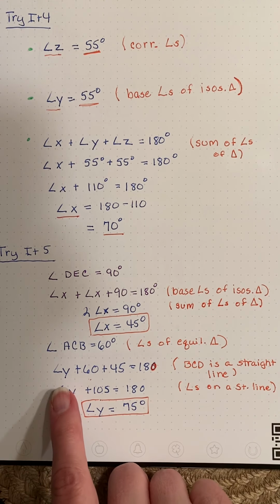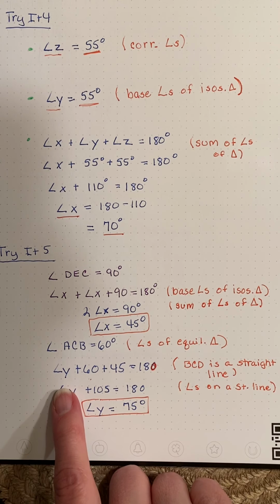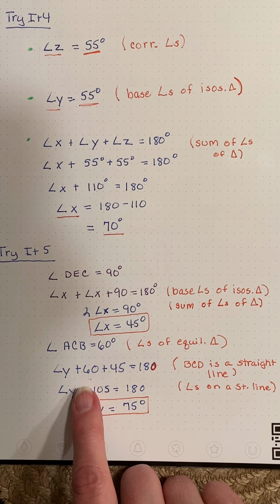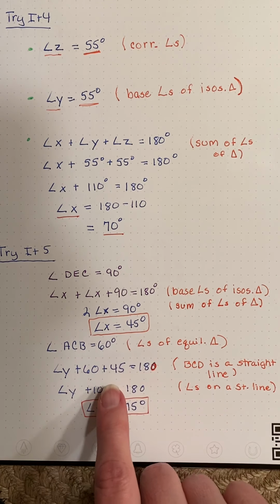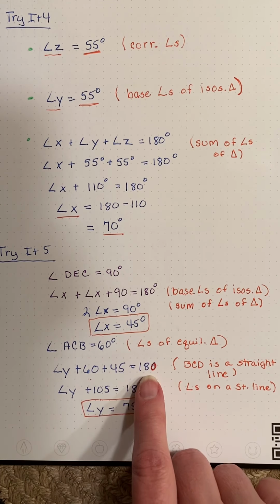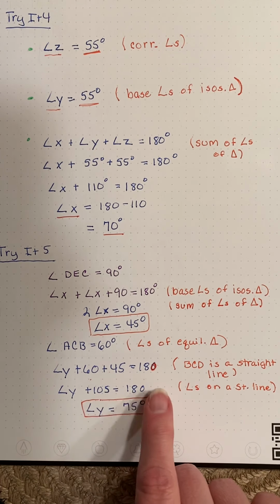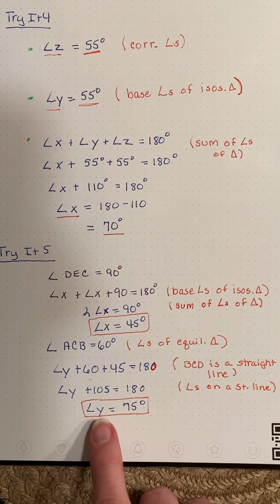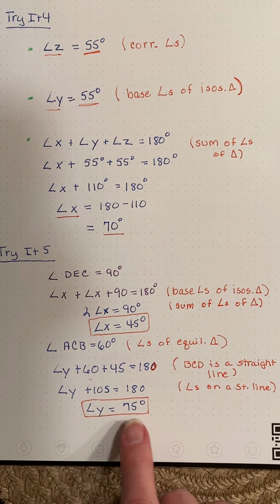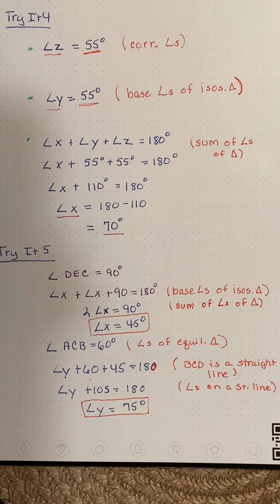So we're going to have angle Y, which is what we need to find yet, plus the 60 degrees of the equilateral triangle, and the 45 degrees that we found up there are going to total 180. So angle Y plus 105 is 180. I subtract 105 from 180. I found out angle Y is 75 degrees.